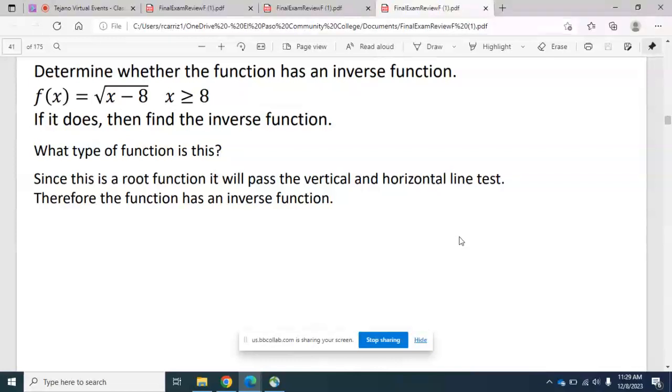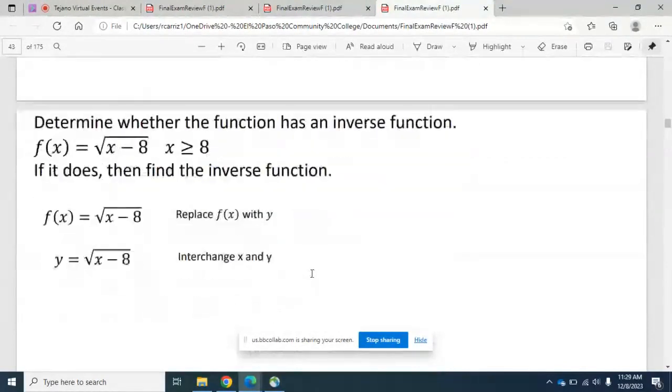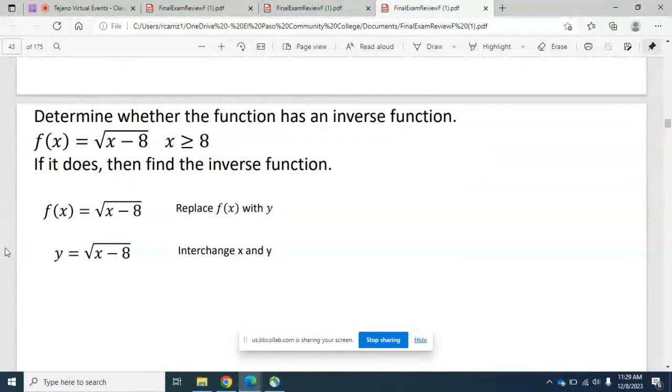To do that, the first thing that we would need to do is replace f of x with what it used to be before. And this used to be an equation, which was y equals, right? So that's the first thing that we would do. We would replace the f of x with the y, giving us an equation. y is equal to the square root of x minus 8.